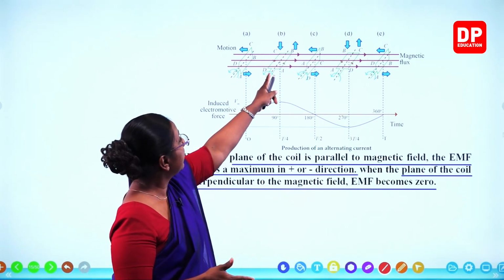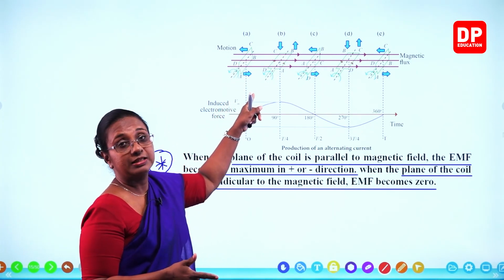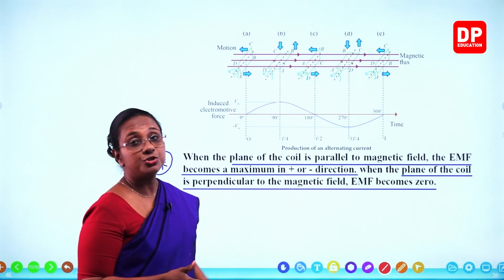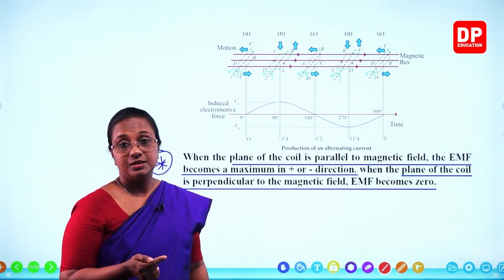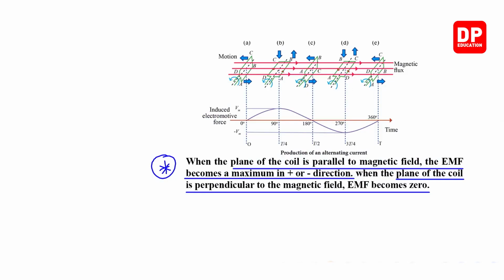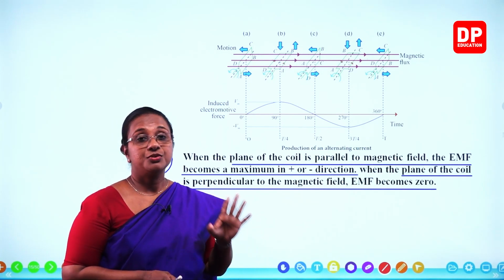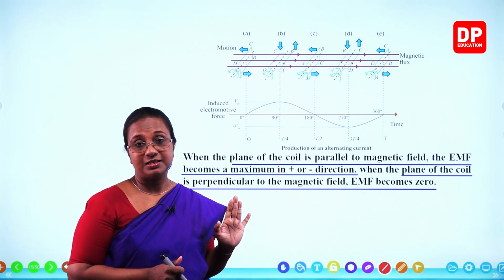But when the plane is perpendicular like that, then of course motion is parallel. So that is why here the electromotive force is 0, here the electromotive force is maximum. Is that clear, students? So you have to keep that in mind.